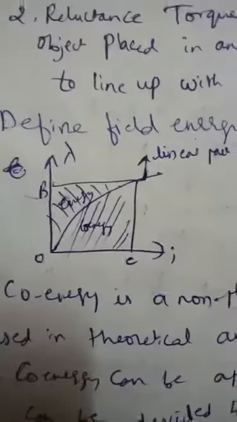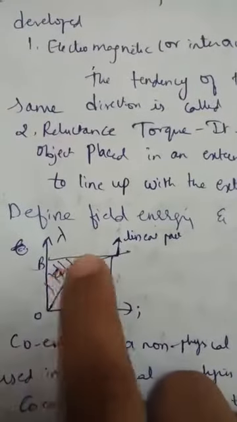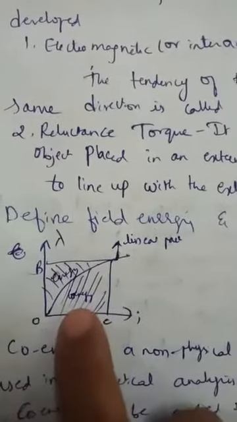Co-energy is a non-physical quantity measured in energy units used in theoretical analysis of energy in physical systems, and the concept of co-energy can be applied to many conservative systems, which can be described by a linear relationship between input and the stored energy. So this is a diagram of lambda versus i. In this you can see this is the linear part, and this is the energy. This part is energy and this is co-energy.